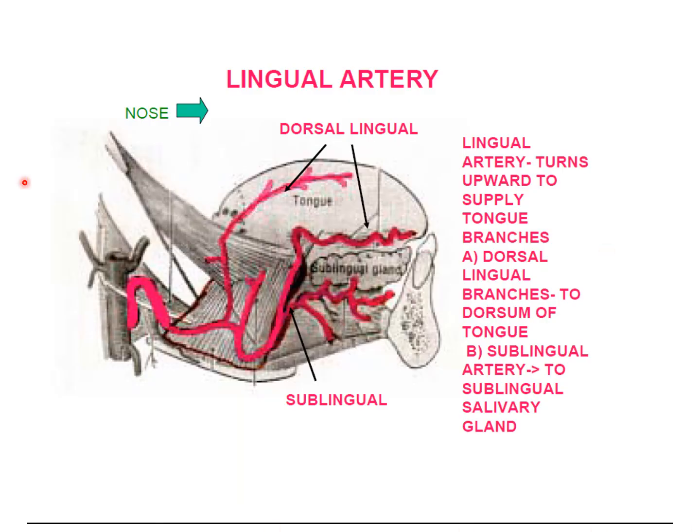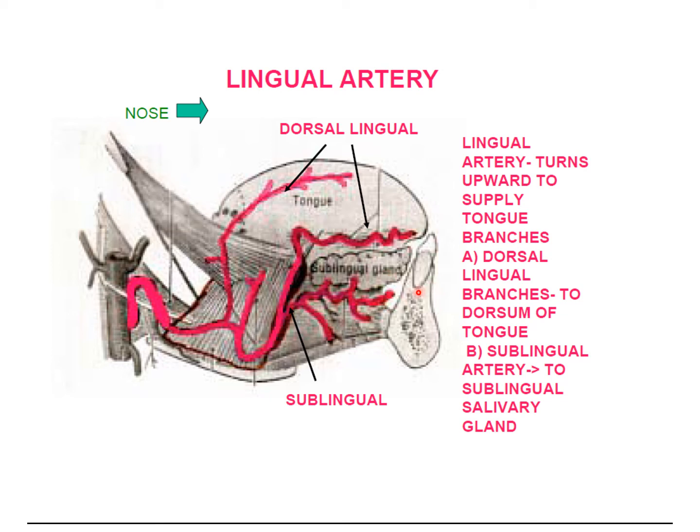Next we can look at the arterial supply to the tongue, which mainly comes from the lingual artery, which is a branch of the external carotid artery. And the lingual artery not only supplies the tongue but also supplies the sublingual salivary gland, the soft tissues of the oral floor and the lingual aspect of the mandible.